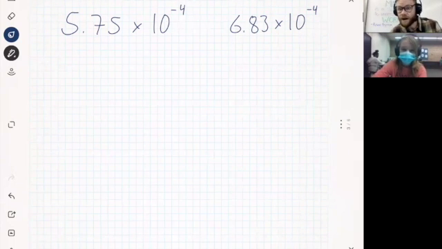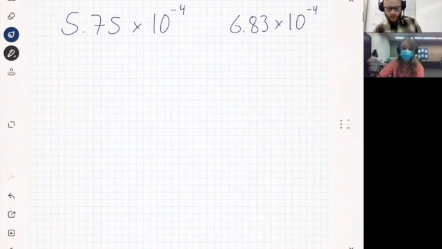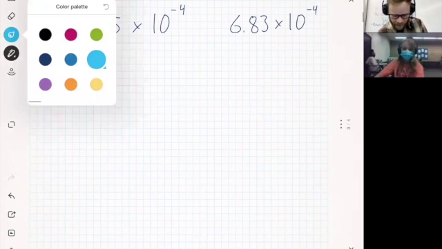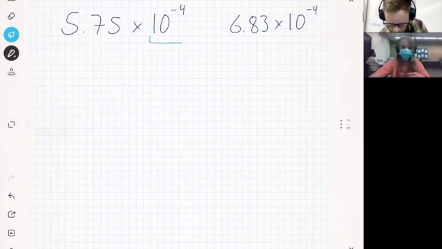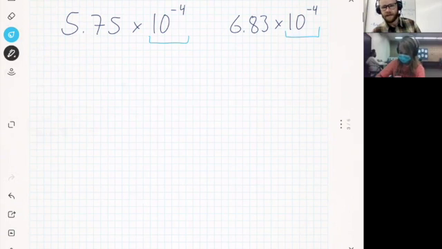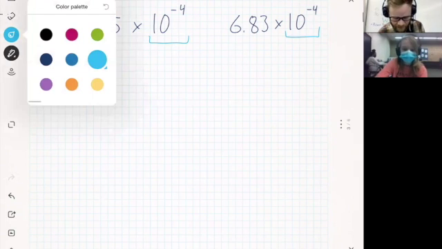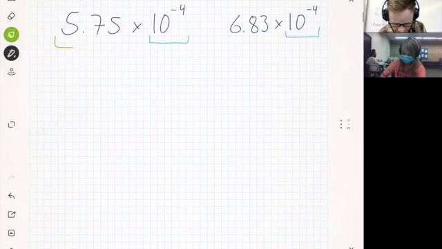So to find out which one's bigger, we first compare our exponent. So in both cases, they have the same exponent. So after we compare the exponents and they're the same, okay, well now we have to look at, in green, our decimal.